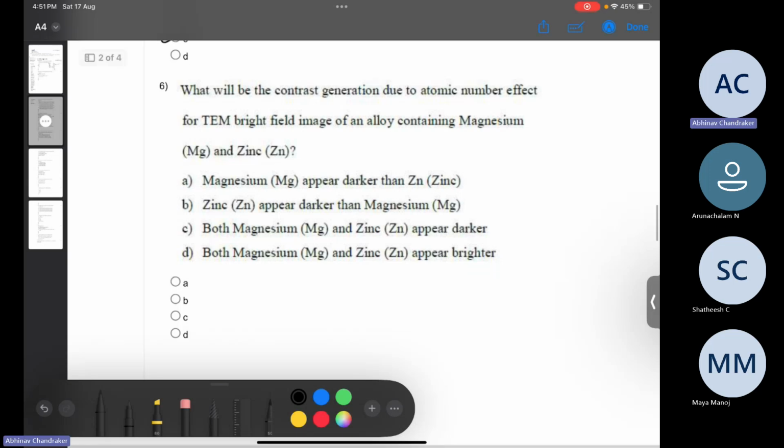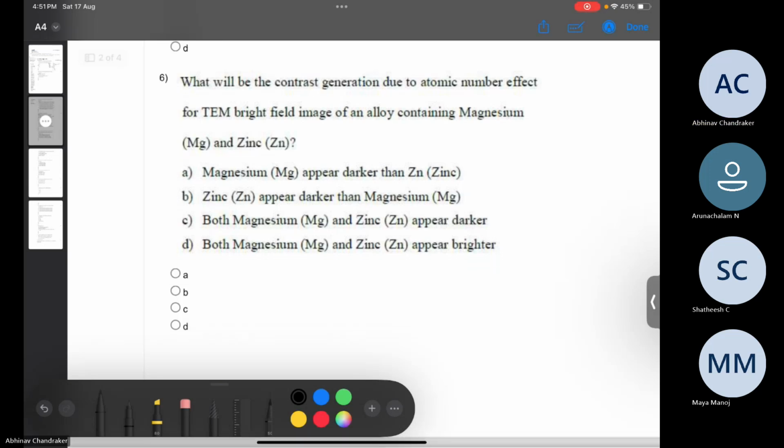Now let's go to sixth question. What do you think will be the answer to this?